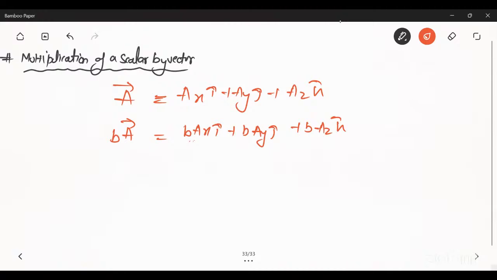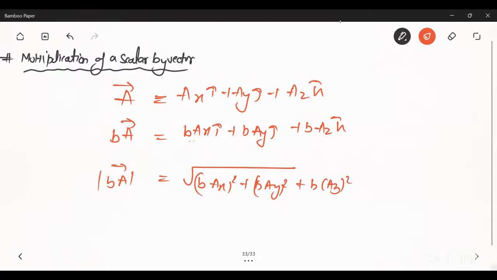Similarly, the magnitude of B times A vector is the square root of (B Ax) whole square plus (B Ay) whole square plus (B Az) whole square.